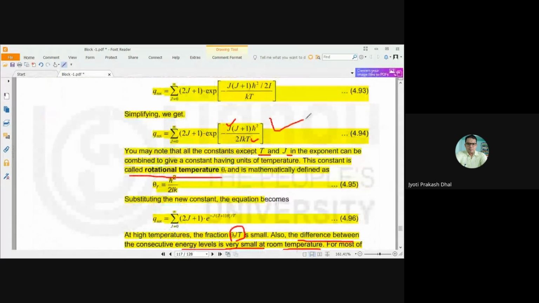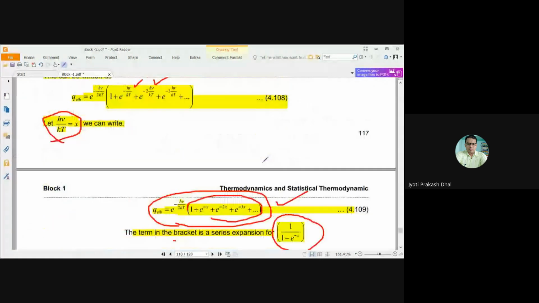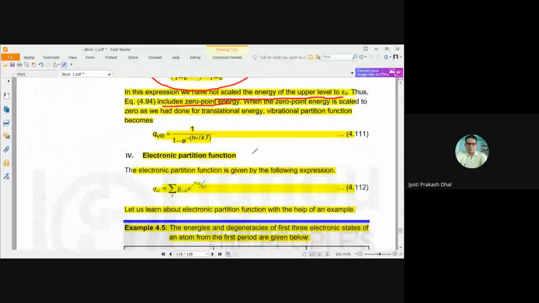So putting this value of the zero point energy, we can solve and find the value of the vibrational partition function becomes q vibrational equal to 1 by 1 minus e to the power minus h nu by kT. So this is another derivation.